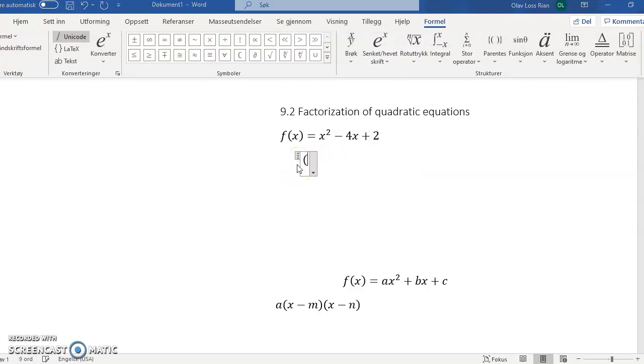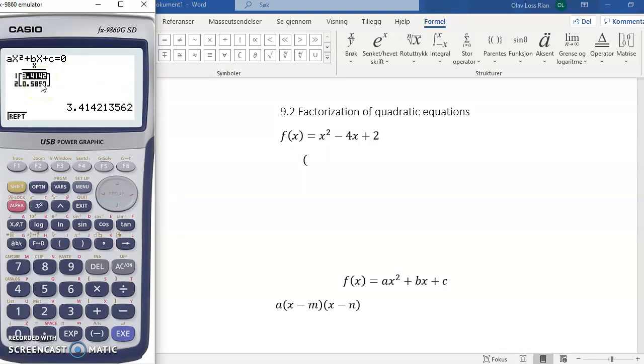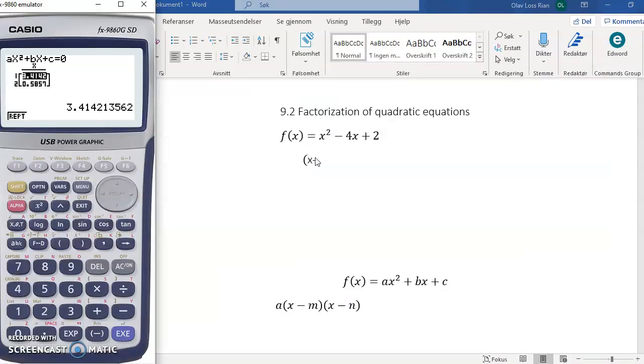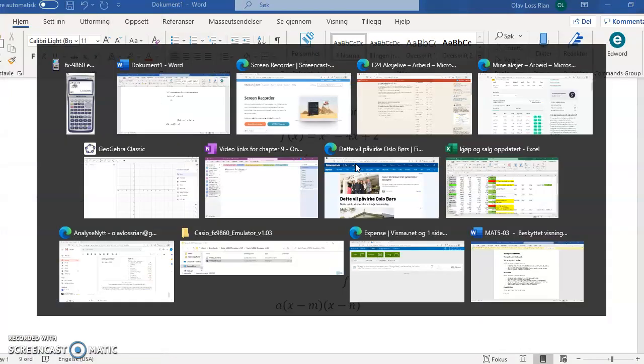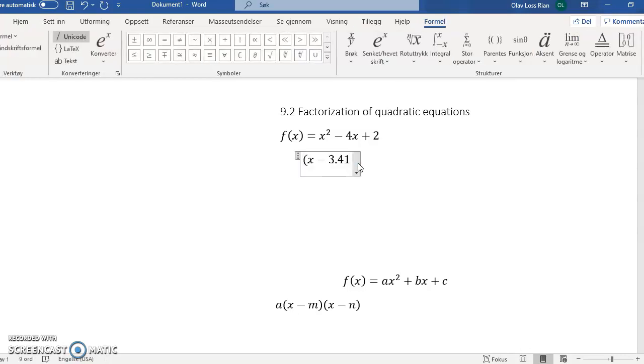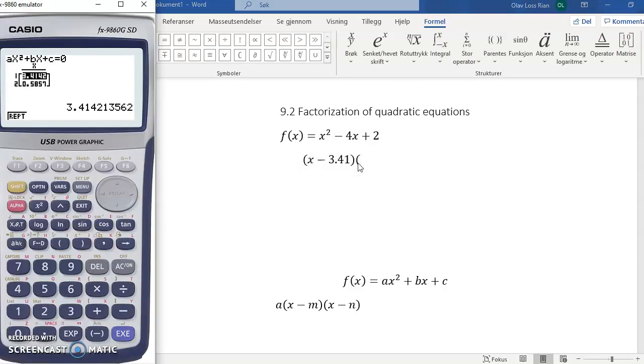Okay, so we put in our x minus 3.41. And we multiply this with x minus 0.59.